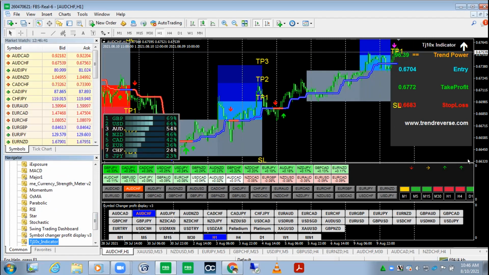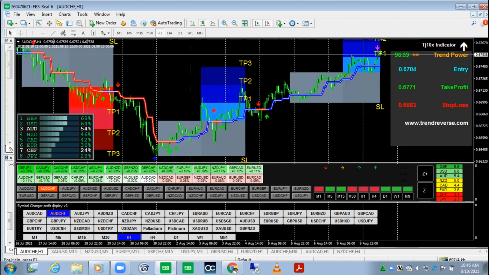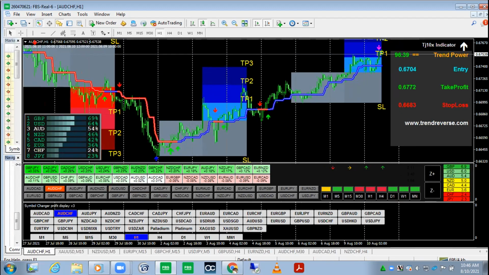So our CSM is not completely shown here. It's shown, but there is still a part that is yet to be shown. So we will just move this to this very side so it can contain a bit wider space. So you can see now that it has more space here that can show all the currencies from the strongest to the weakest.